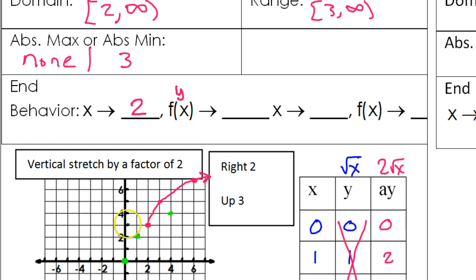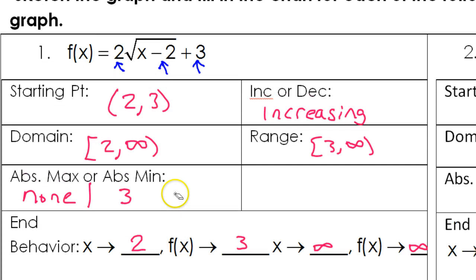See it? It's right there. So that's basically what we're saying. Now, as we go to the right, the x values go to infinity, because it goes to the right forever. And the y values also go to infinity, because it goes up, up, up, up, up. So that's the end behavior. And now that really is it for problem number 1.